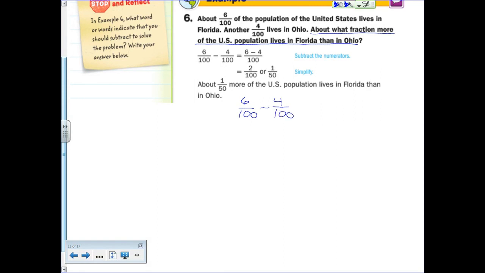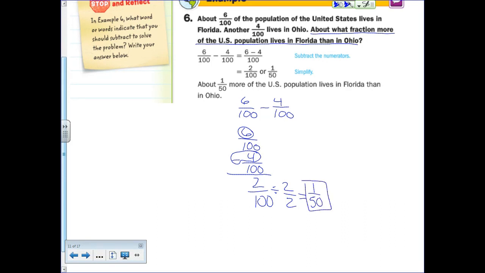4/100. And then we can do that subtraction problem by first lining it up vertically, making sure that that negative sign is down here, and subtracting 6 minus 4. Bigger looking number is positive, so it's going to be a positive 2 over 100. But again, because those two numbers are both even, we need to simplify by dividing by 2 over 2, which gives us 1 over 50 as our answer.